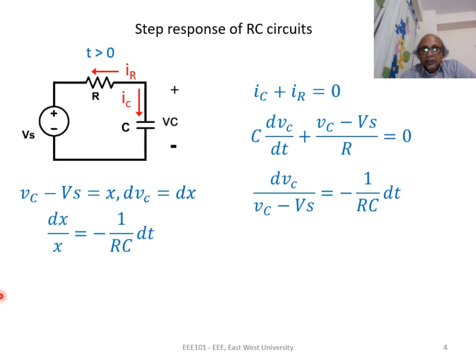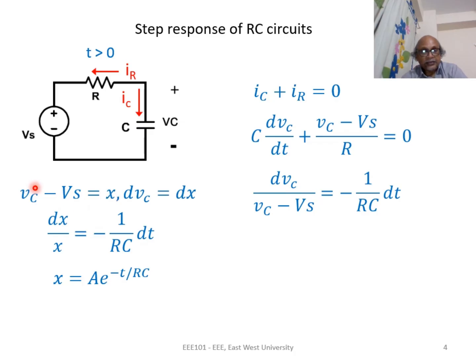If you remember the solution for source-free RC circuit, you will find out that this is the same equation for the capacitor voltage of the source-free RC circuit. So the solution is also the same. X is equal to A e to the power minus t by RC. Here A is the constant of integration.